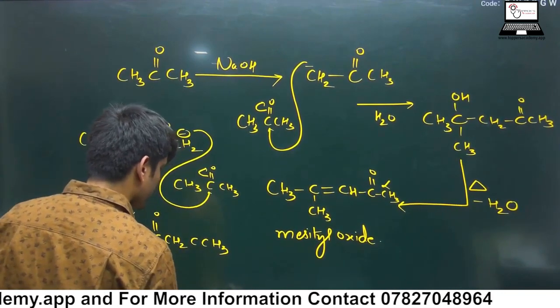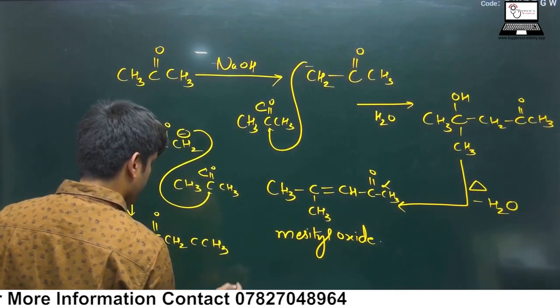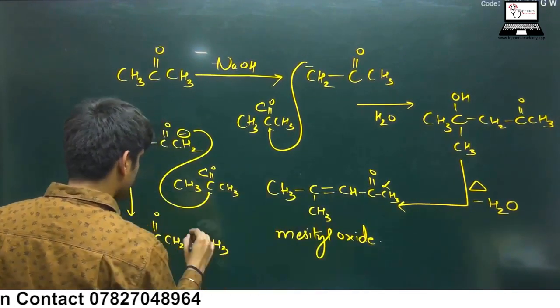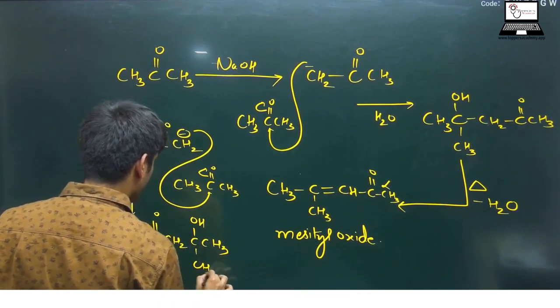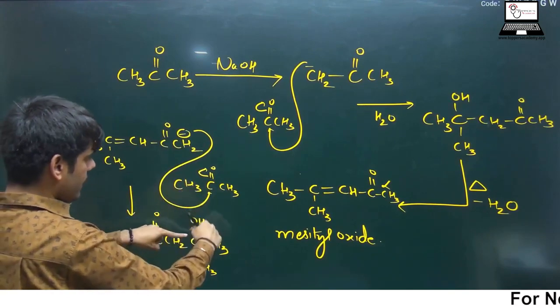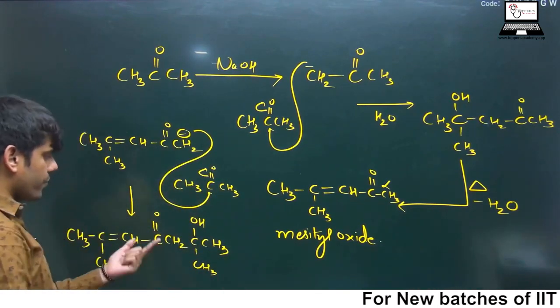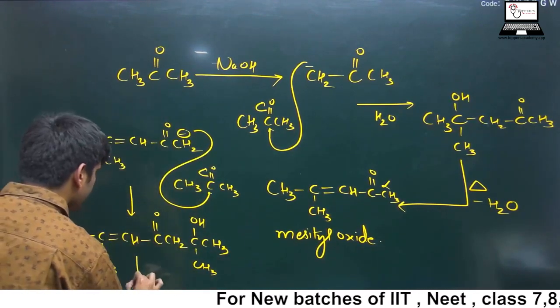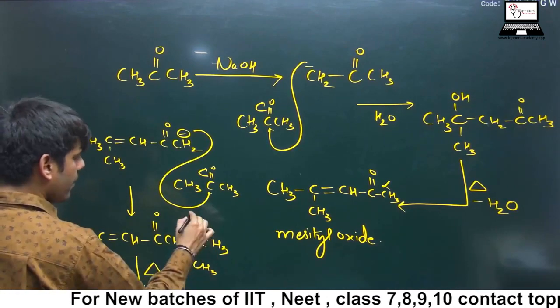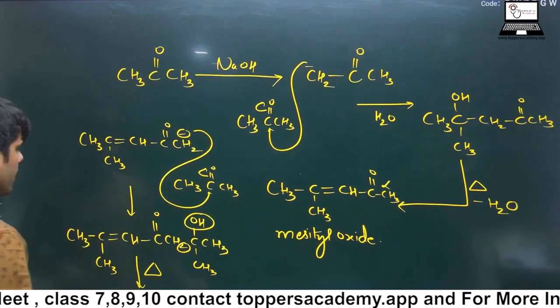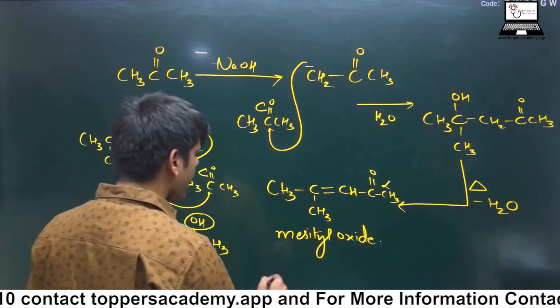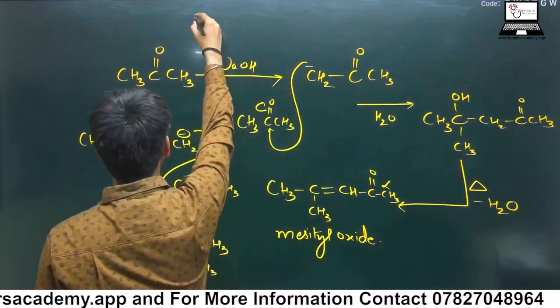I'm so sorry, this one is C, OH and CH3. This one is CH2, COH, and CH3, CH3. Now again, if I heat it, there will be the elimination of water molecule like this. So what I get as the final product, I'm writing it here.